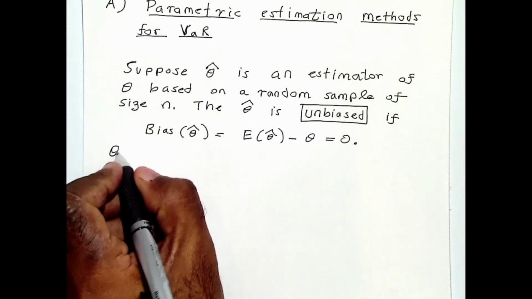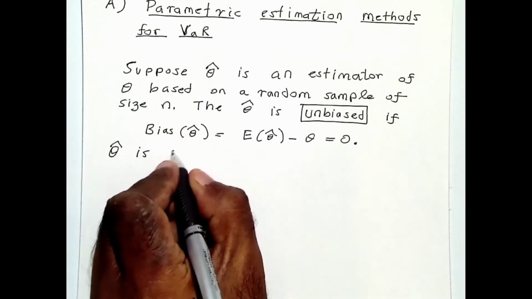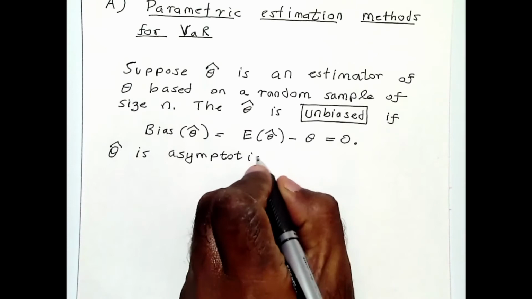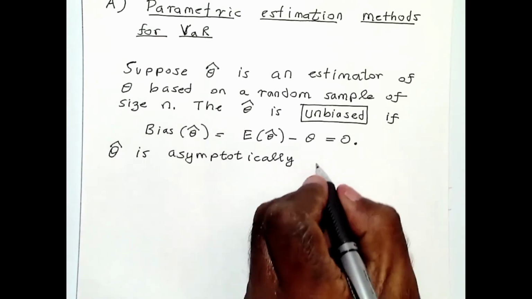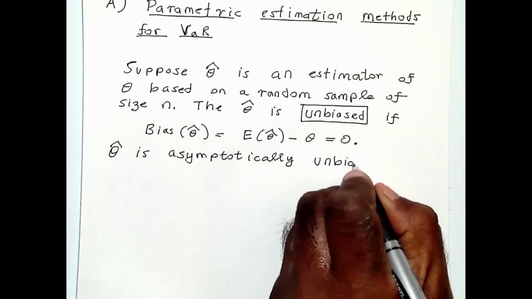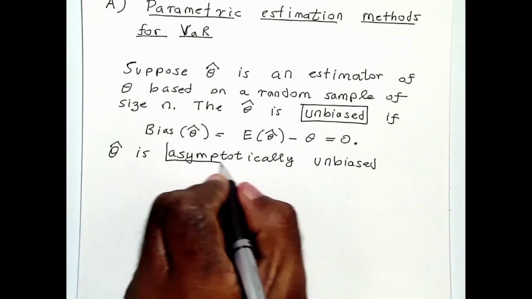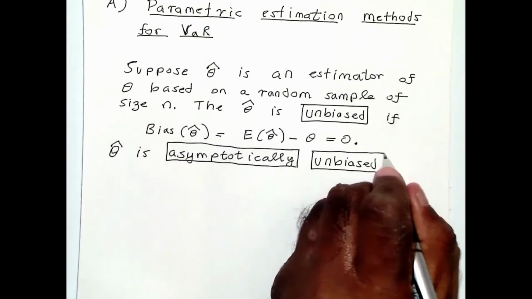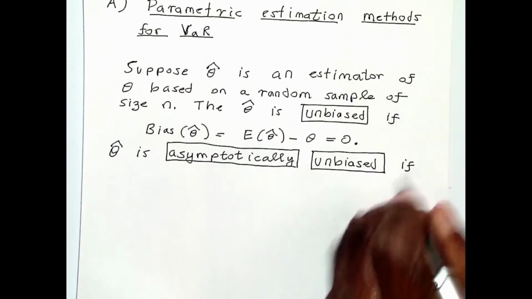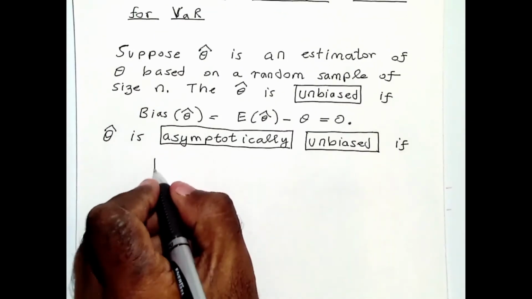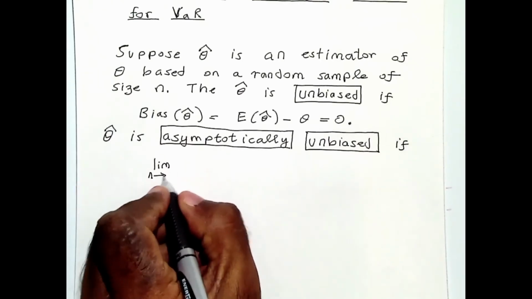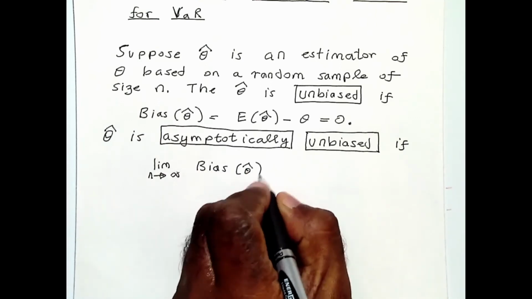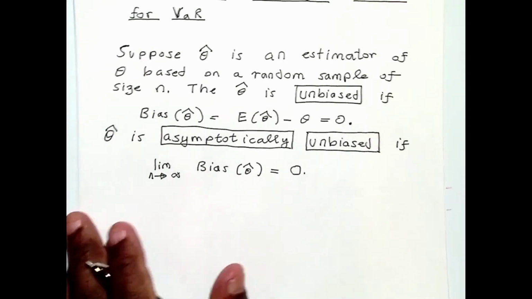The second thing you need to remember is that theta hat is asymptotically unbiased. These are keywords you need to remember from year 2. Asymptotically unbiased if the limit as n approaches infinity of the bias of theta hat is 0.